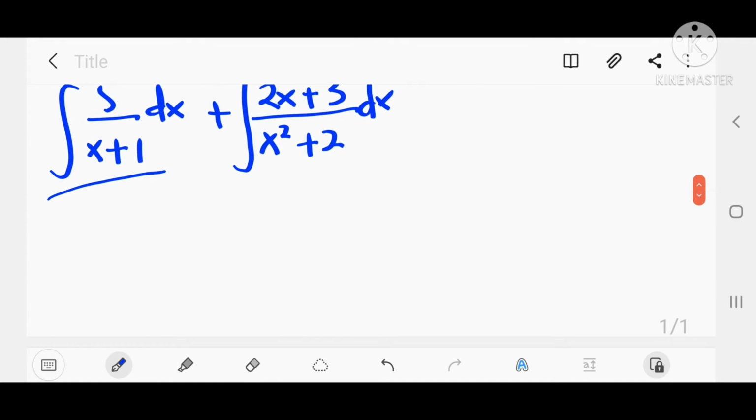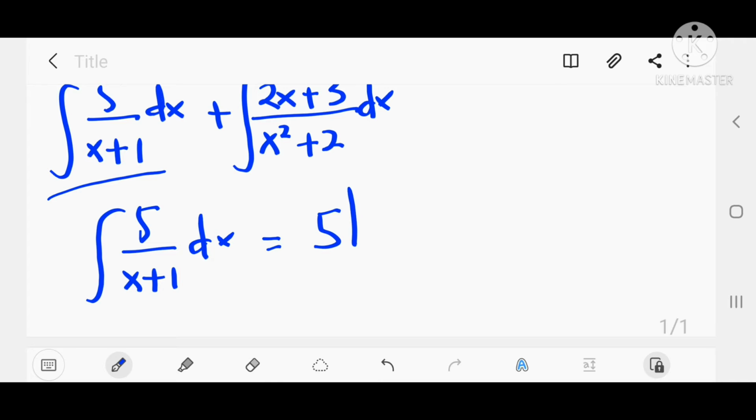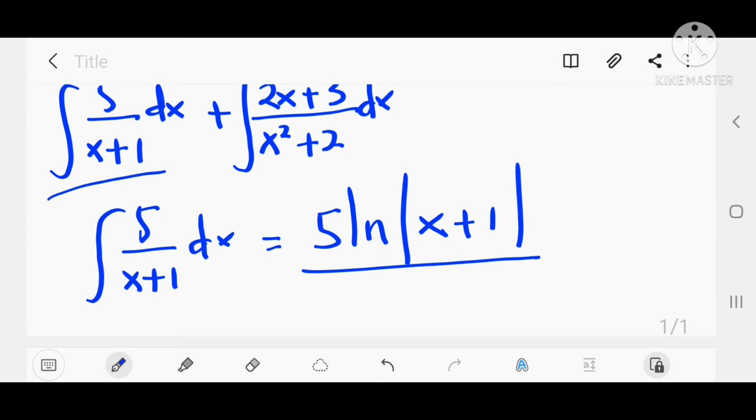The integral of 5 on x plus 1 dx is equal to 5 ln absolute value of x plus 1, plus c. So take note of this.